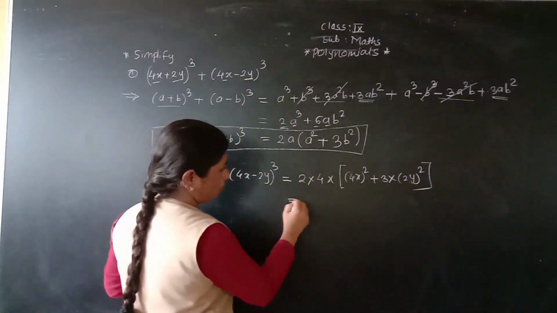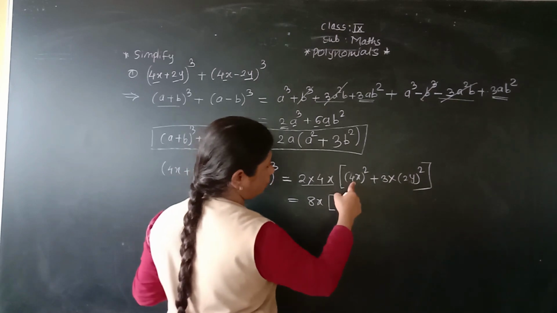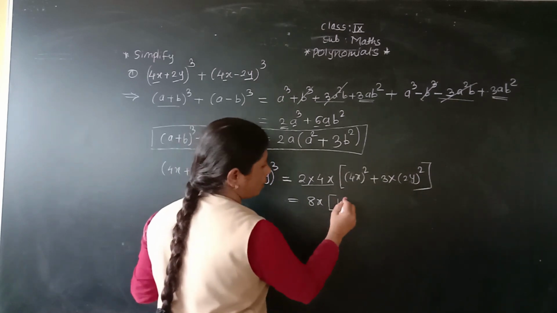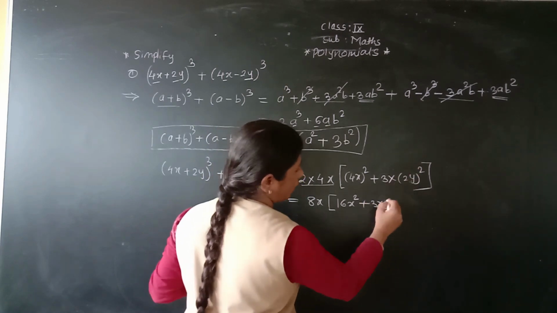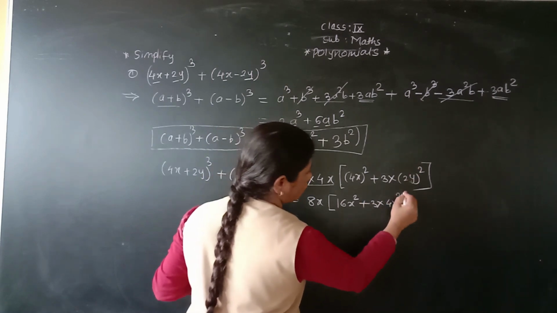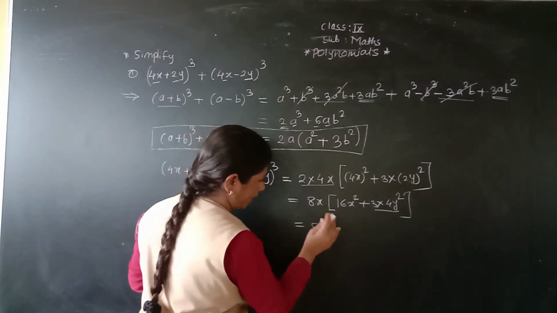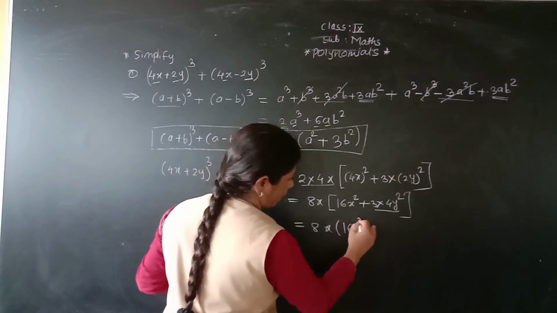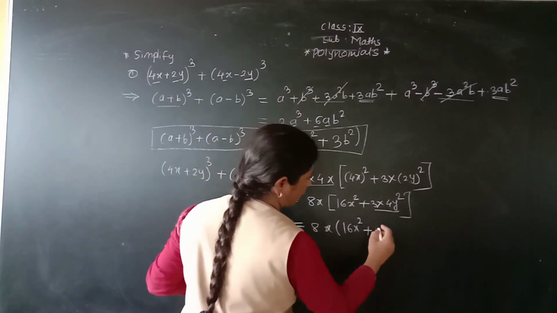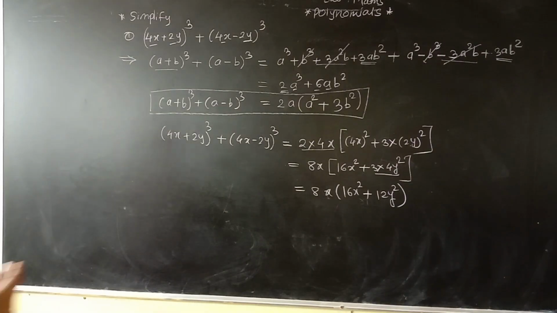Right? Now here 4 2s are 8x in bracket. Here 4 squared is 16, so 16x^2 plus 3 into 2 squared is 4, that is y^2. Now here 8x(16x^2 + 4 3s are 12y^2). Okay.